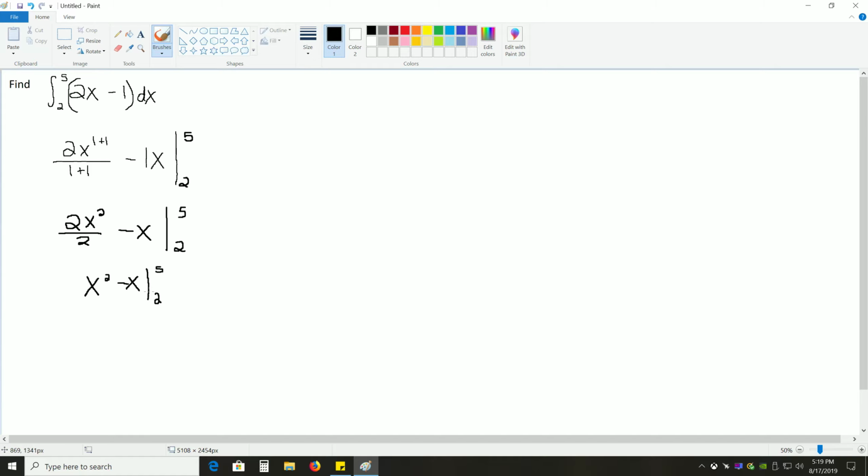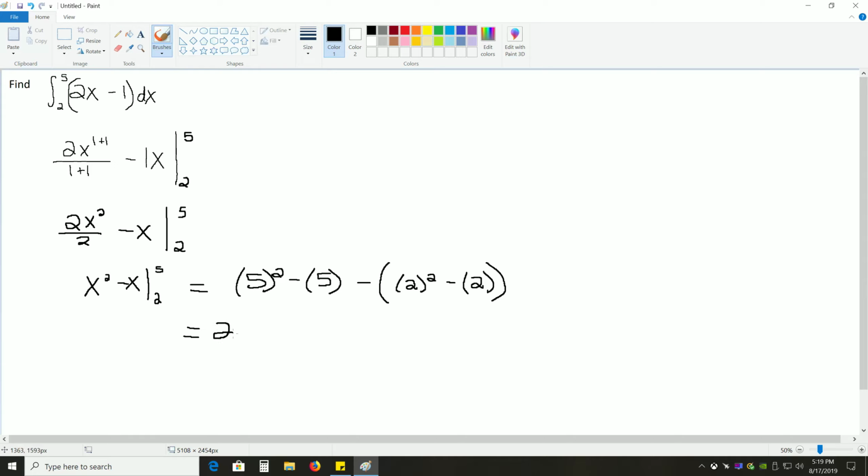Then we subtract when we plug in the bottom number. So this is going to be 5 squared minus 5, minus the quantity of x squared again, but plugging in 2 instead of 5, so 2 squared, minus 2.